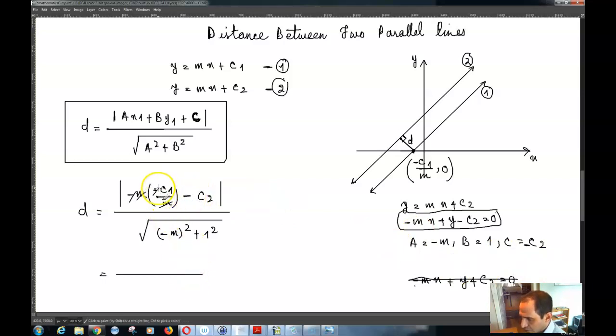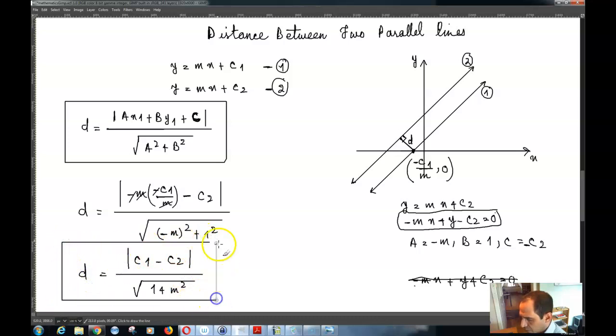So over here now I have c1 minus c2, and the absolute value of that over the square root of m squared plus 1, which is equal to 1 plus m squared. And that is the distance between the two lines.